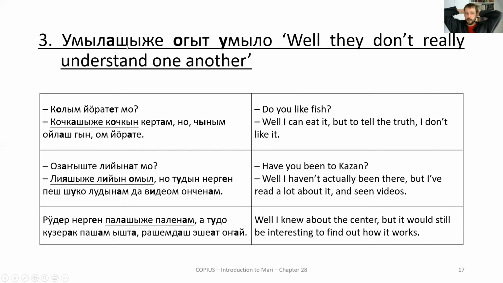And this is used if you're asked, do you like fish, or do you eat fish, and you're saying, I can't eat it, I'm not a strict vegetarian or vegan, I'm not ethically opposed to eating it, but I don't like it. Then you could say so, like, I can eat it, but I don't want to, basically.